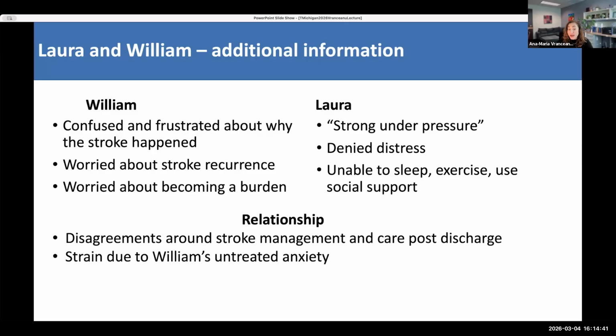The stroke also impacted the couple's interpersonal relationship. There were disagreements between the two of them, as well as the larger family, in terms of how the stroke should be managed and what should happen post-discharge. There was a lot of frustration that was impacting the relationship between the couple as well as with the extended family.